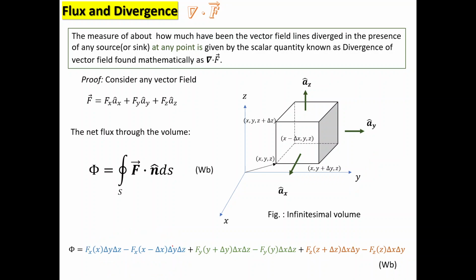Similarly, we can follow the same procedure for the y direction. In this direction, the component is Fy. If we take this face at first, its coordinate is y plus del y, so the magnitude of the vector field is taken at y plus del y, and its area is del z and del x.